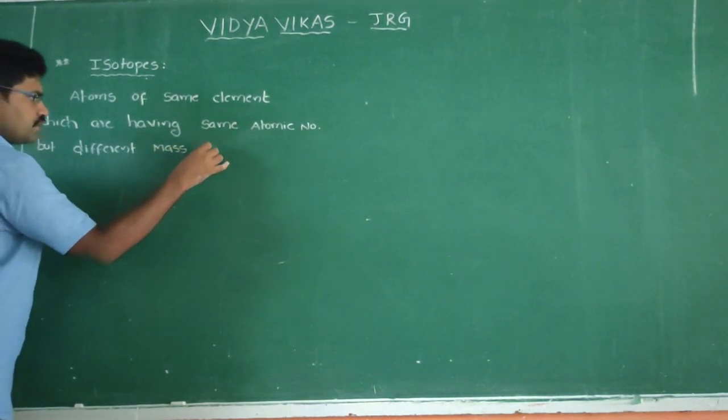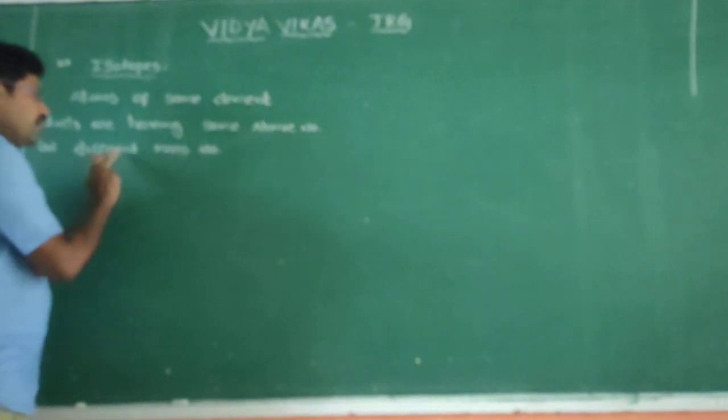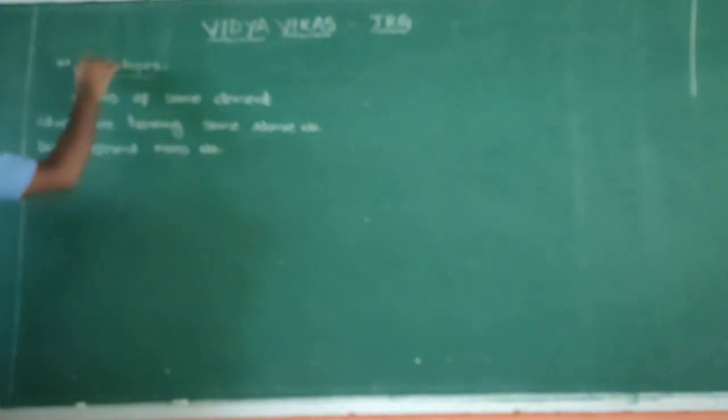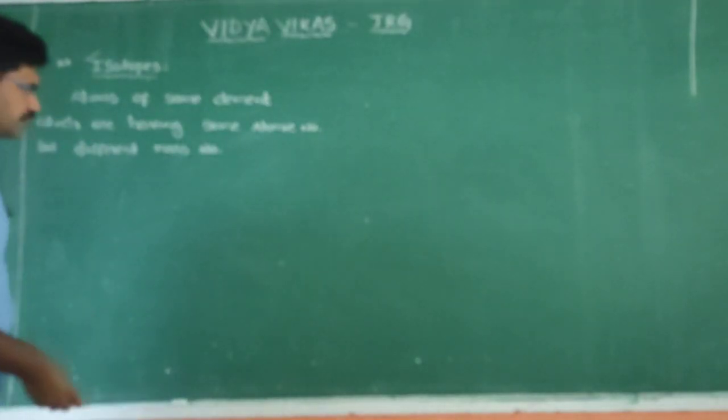Atoms of the same element which have the same atomic number but a different mass number, we call them simply isotopes.